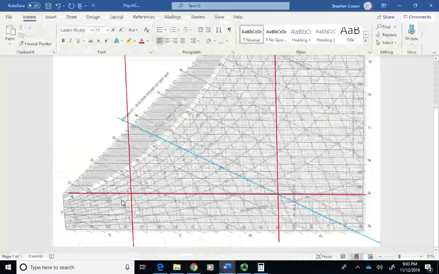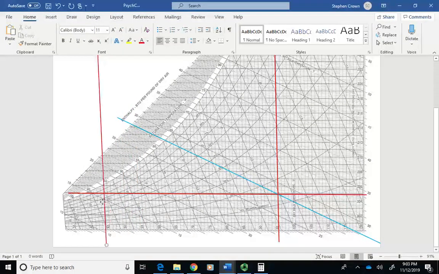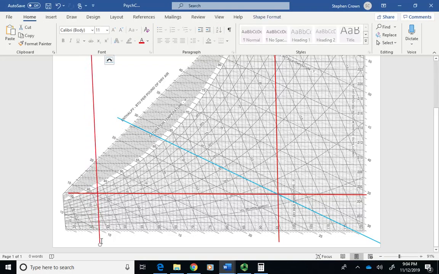We'll go ahead and take the sketch we had there and adjust these lines. 42 degrees, this would be 40, 41, 42. And the slope looks pretty good. We can just adjust it a little bit.